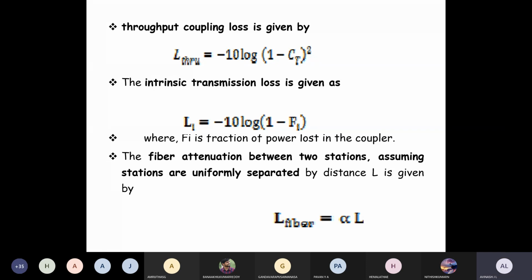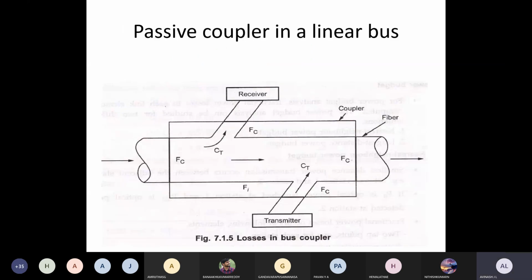Please take this particular question, all of you. Once you write the equation, you can see that FC is the fraction of power which is lost at the connecting regions. Now we can see that the rectangular or square shape is there, no?